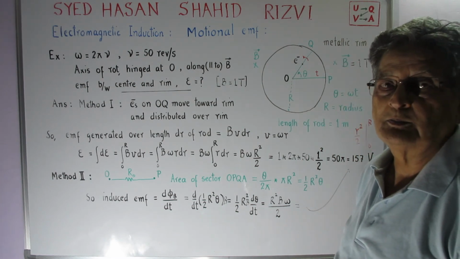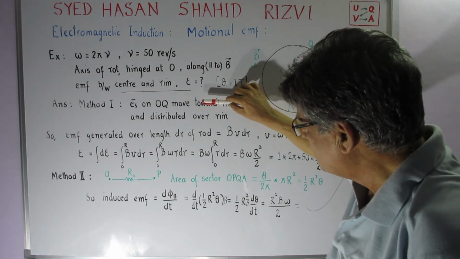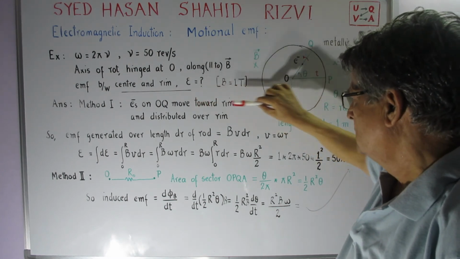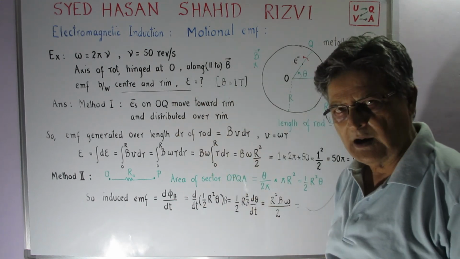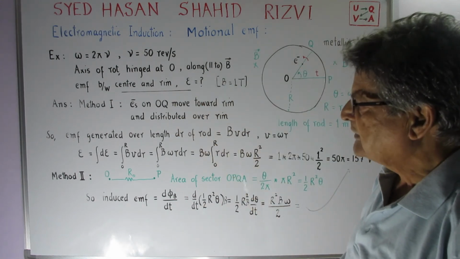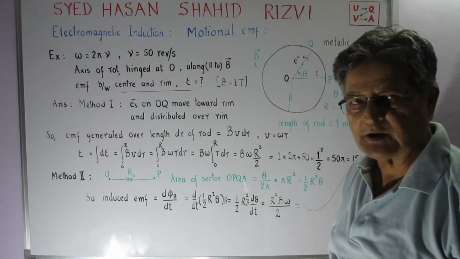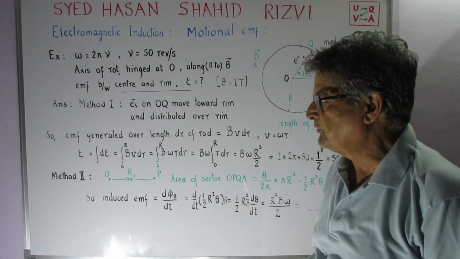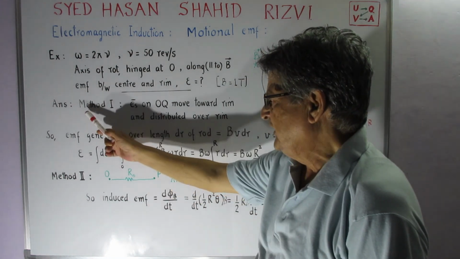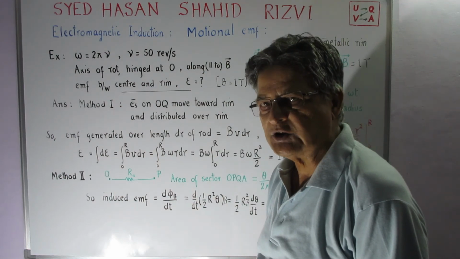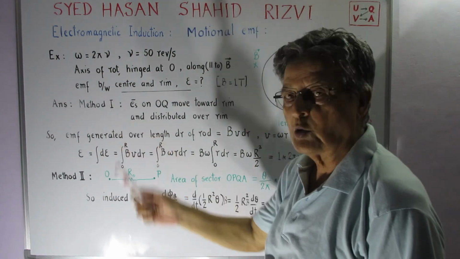The work that I do in order to move the magnet towards the coil, or the rate of doing work, that power spent by me or any one of you, is dissipated in the form of energy in the coil.